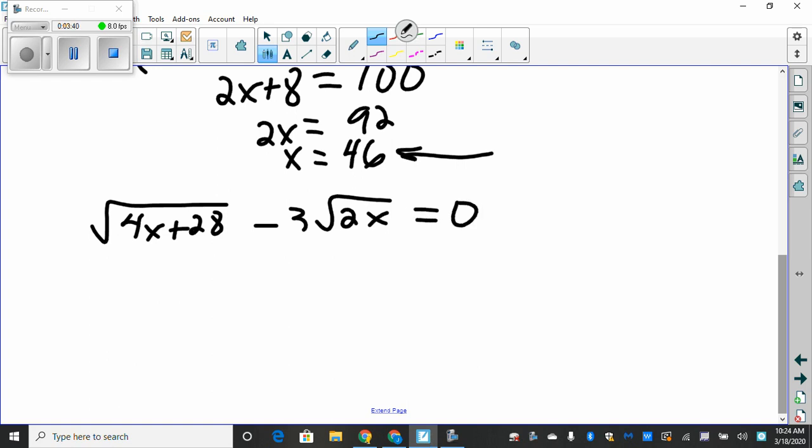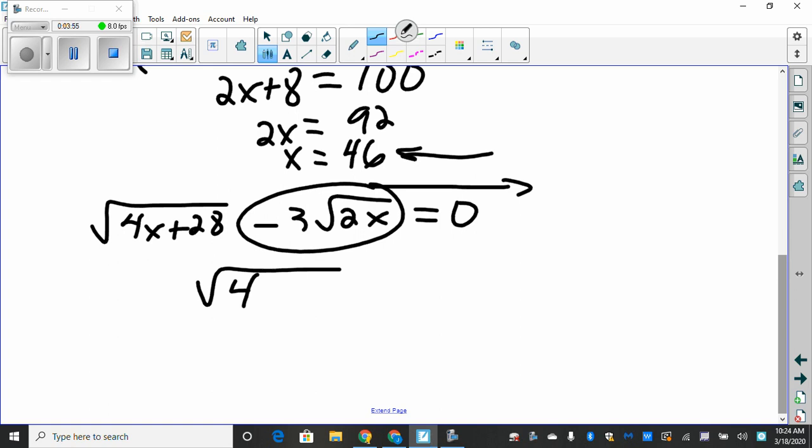Well, remember what we said. We're going to try to isolate one radical sign on each side, yeah? So I'm going to take this guy right here and move it over yonder. So then I'd end up on the left side with just the square root of 4x plus 28, and that's going to equal positive 3 times the square root of 2x.